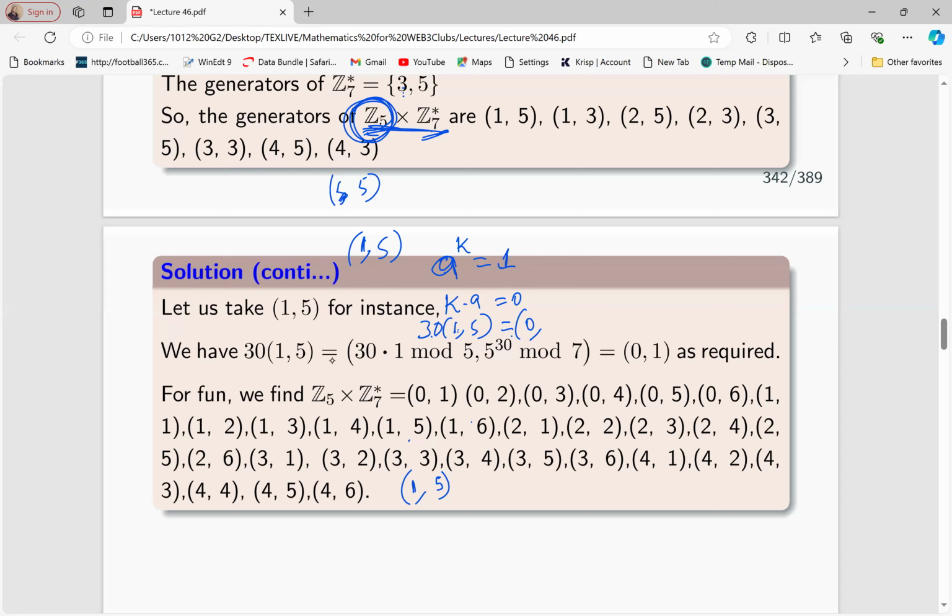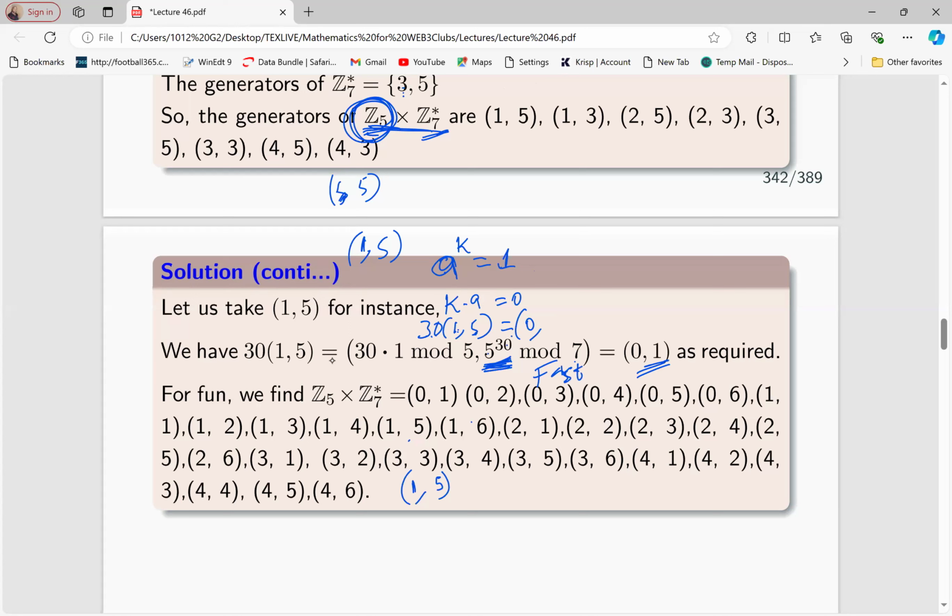And then this other element was from a multiplicative group, so it will be 5 raised to 30. For those who've done the fast powering algorithm before, 5 raised to 30 mod 7 is 1. I used the fast powering algorithm.